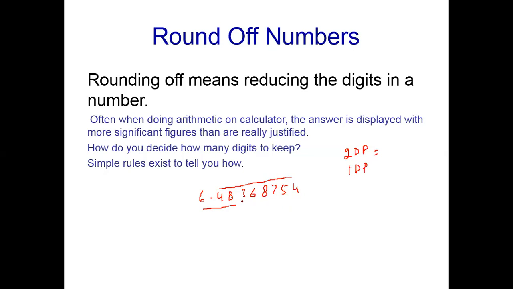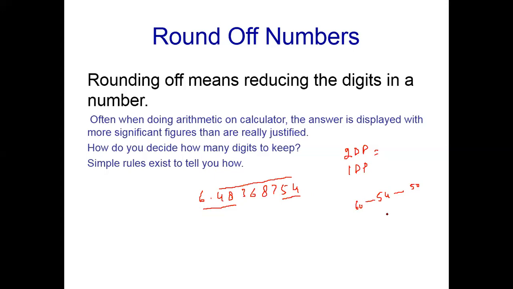That rule is called round off. Decreasing the number of digits in a number is called round off. The rule is simple: find out the last two numbers. You can see here the last two numbers are 54.